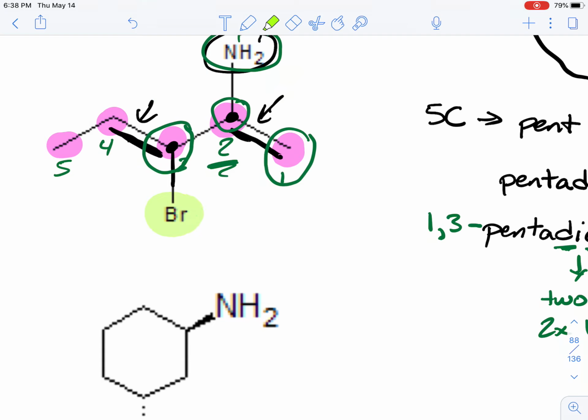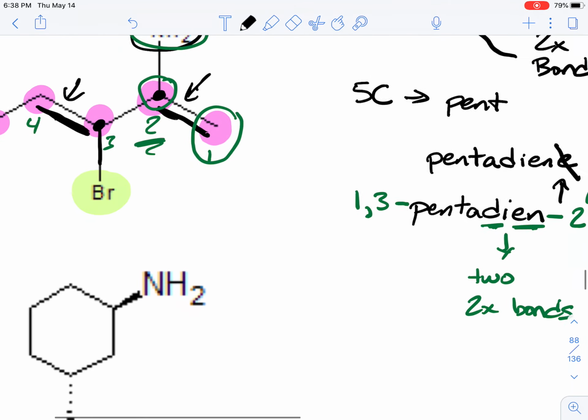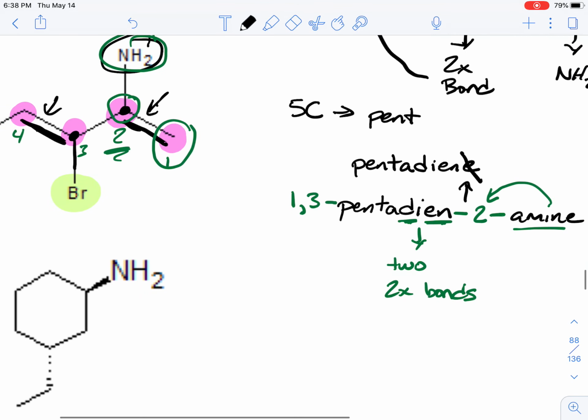because we have a bromine that's present on carbon number 3. And so we're going to extend the name to include the substituent. And so since we have a bromine on carbon 3, we're going to say 3-bromo-1,3-pentadiene-2-amine. Okay.